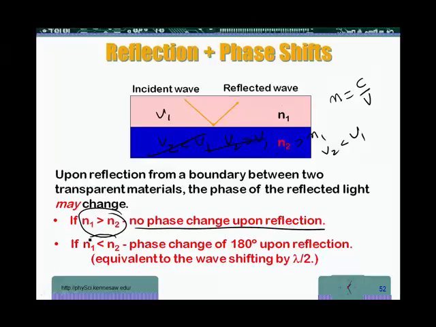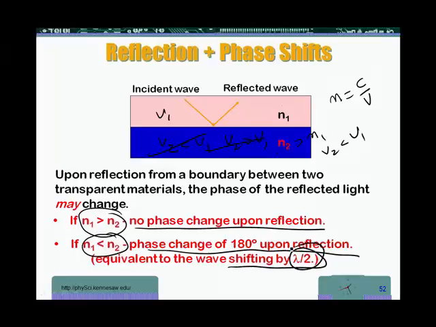If n1 is smaller than n2, that means that the wave is going to slow down when it moves to n2. Then in that case, the reflected wave is going to undergo a phase change of 180 degrees, or in other words, it's going to flip, or the wave itself is going to shift by an amount equal to lambda over 2.